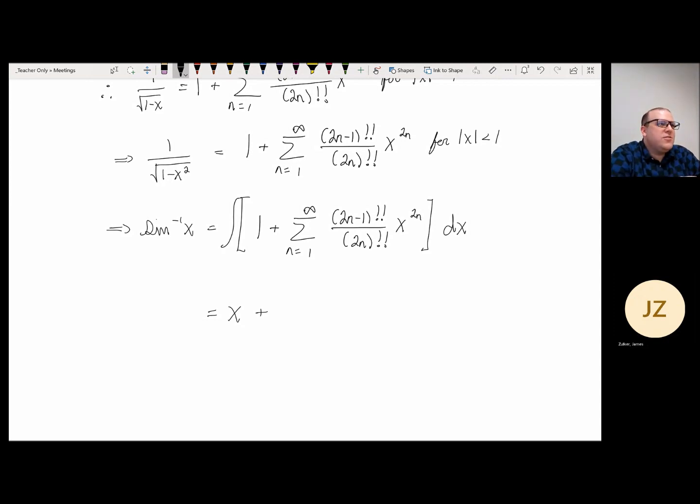The integral of a sum is the sum of the integrals. That's why you're allowed to do that. Since we're integrating, we do not lose a term. Differentiation, you lose a constant, which is why your index typically shifts down by 1. Integrating, you don't. Actually, generally, you gain a term when you integrate.